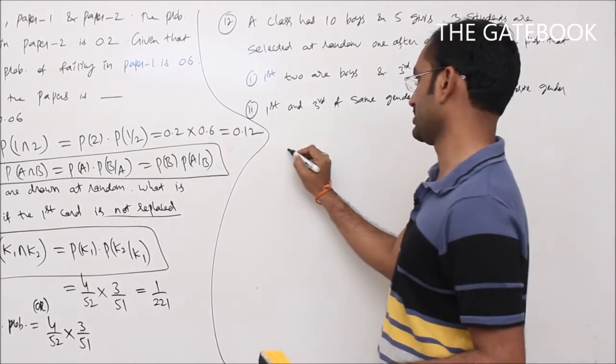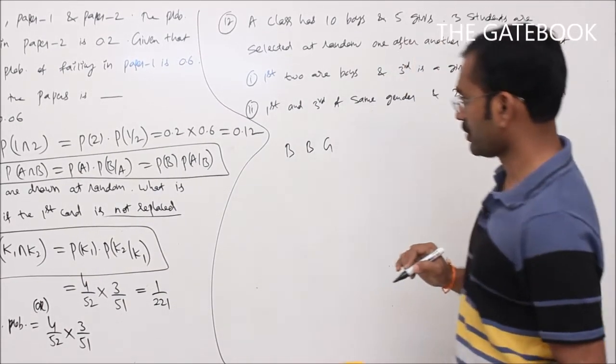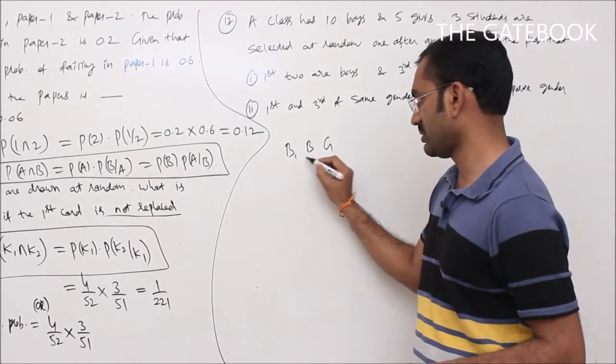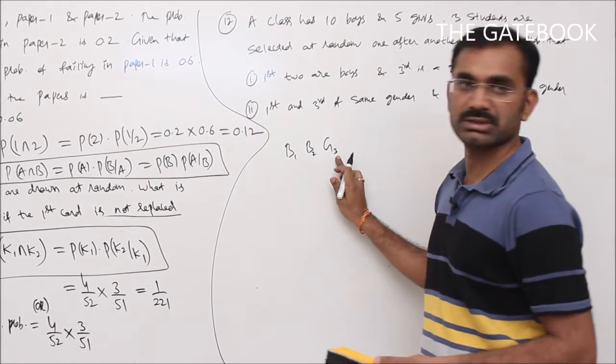First two are boys and third is a girl means you can arrange like this: boy, boy, girl. I can give positions like this: 1, 2, 3. First two positions boys and third position girl.